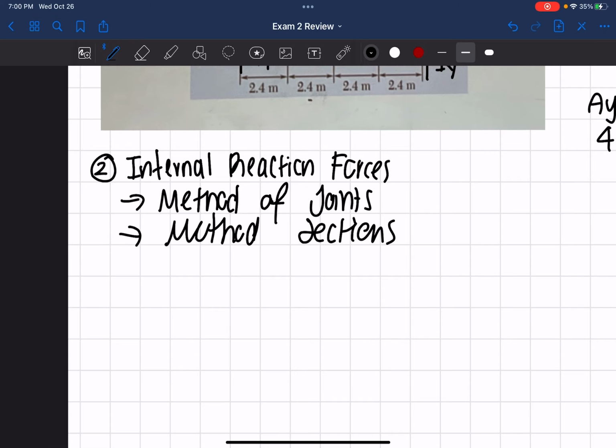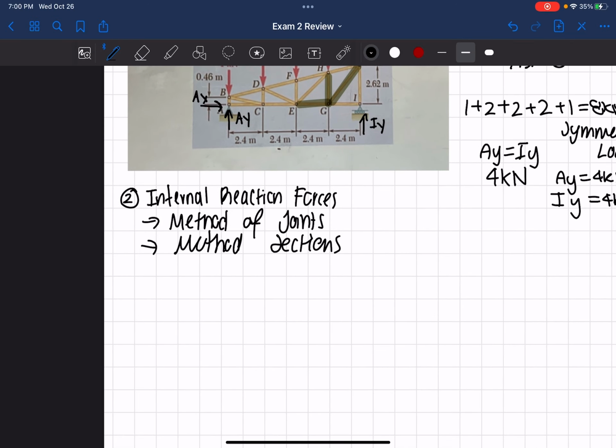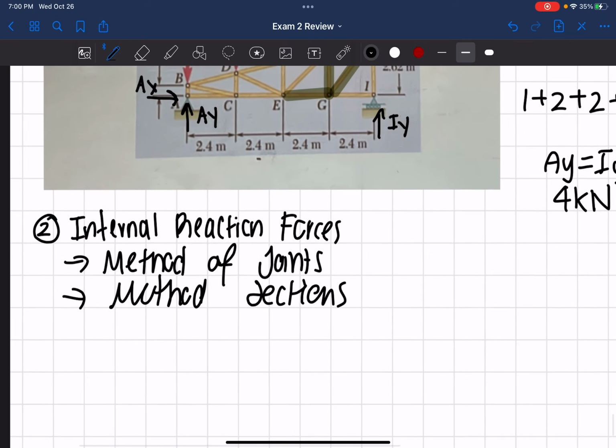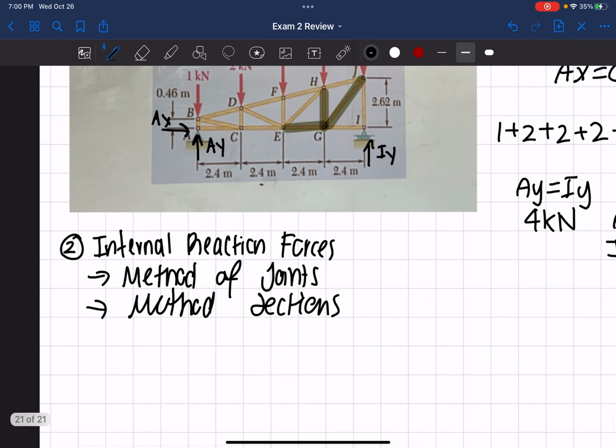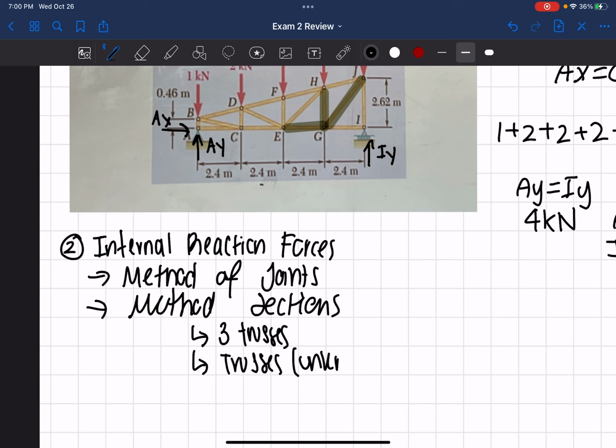Typically it's done with a combination of both, but in this instance, we're going to start with a method of sections, and we just got to keep in mind that when we make our cut, it can only go through 3 members. Typically you want to make sure that those members are the ones that you're solving for, your unknowns. And then you want to make sure that the cut makes 2 separate sections.